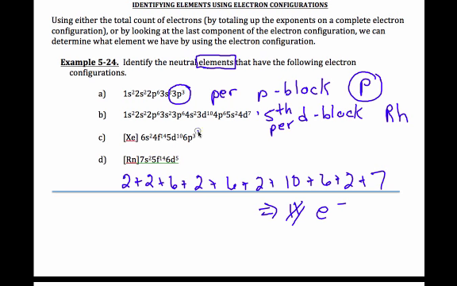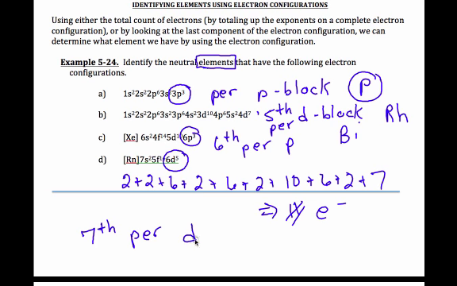Okay, this one ends in 6p3, so I'm going to go to the 6th period. I'm going to go to the P block and go in 3, and I see bismuth. Okay, and then this last one, because it ends in d, if it's 6 in front, remember it must have been the 7th period.